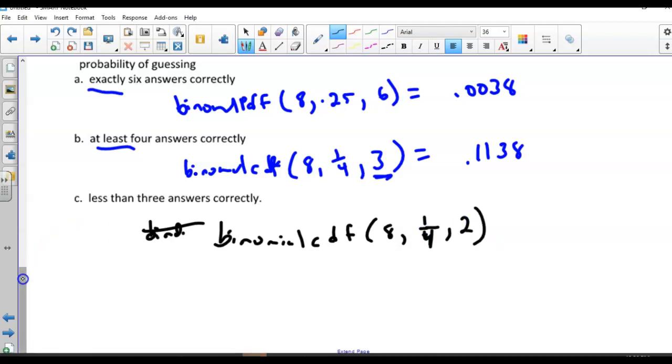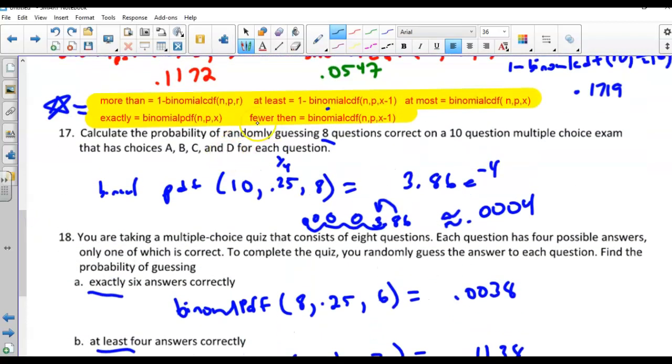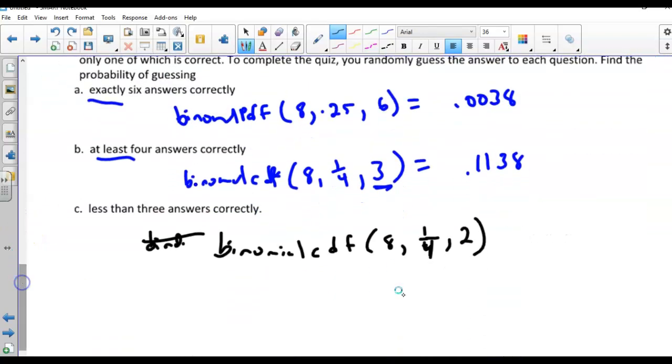Again, look at the model: fewer than or less than, same thing, x minus 1. And that'll give us 0.6785.